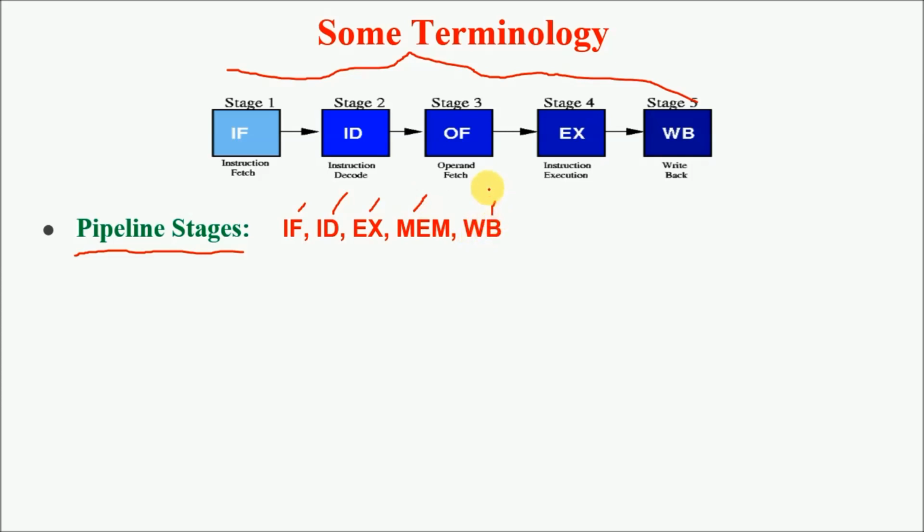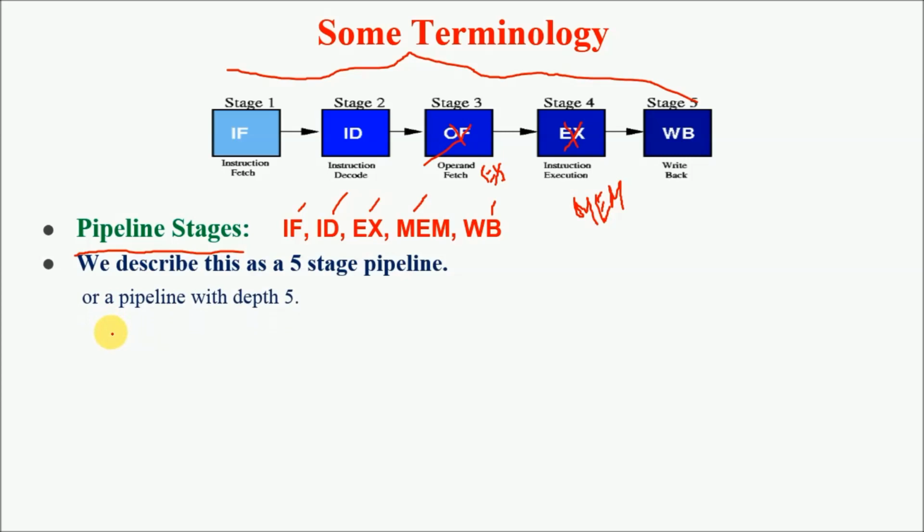So all these are called the stages. That's why this is called a 5-stage pipeline. Otherwise, we can also say the depth of the pipeline is 5.